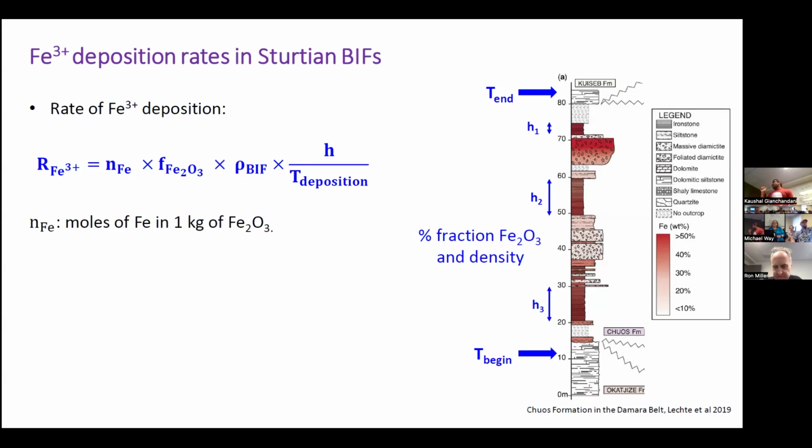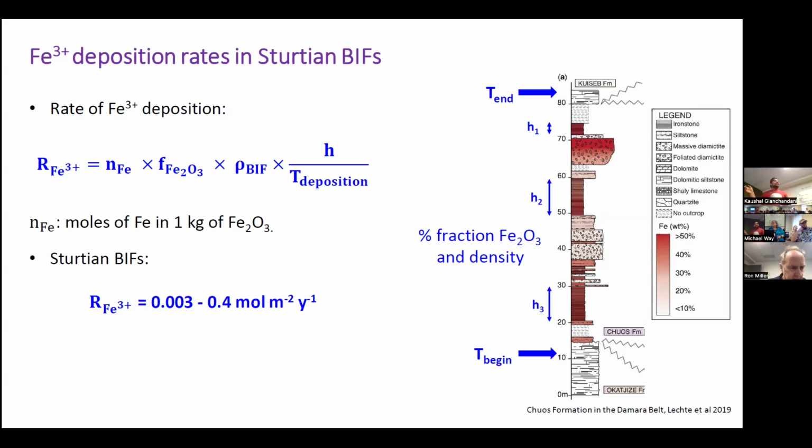All right, so once you have these four quantities, you can estimate the rate of iron deposition. While the stratigraphic section that I've shown you is very clean, and you'd think that I would get a very constrained rate of iron deposition during this period, that is not the case. The rate that I've obtained can vary between 0.003 and 0.4 moles per meter squared per year.